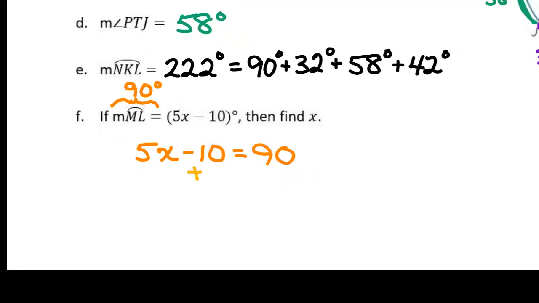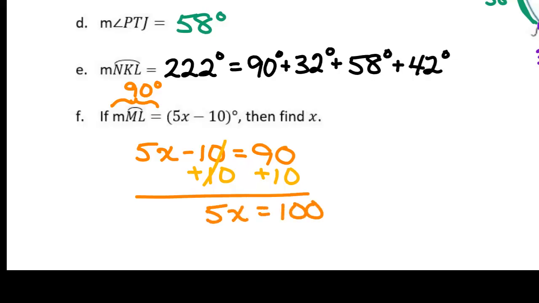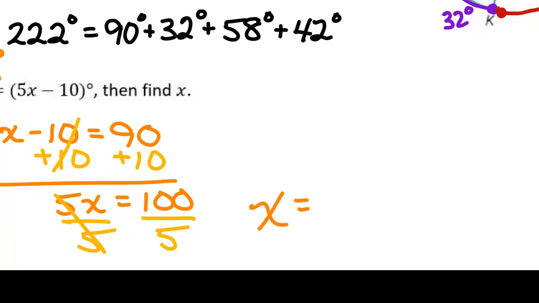To solve for x, I'm going to add 10 to both sides. What is 90 plus 10? 100. So 5x equals 100, and then we divide both sides by 5. What is 100 divided by 5? 20. So x is 20.